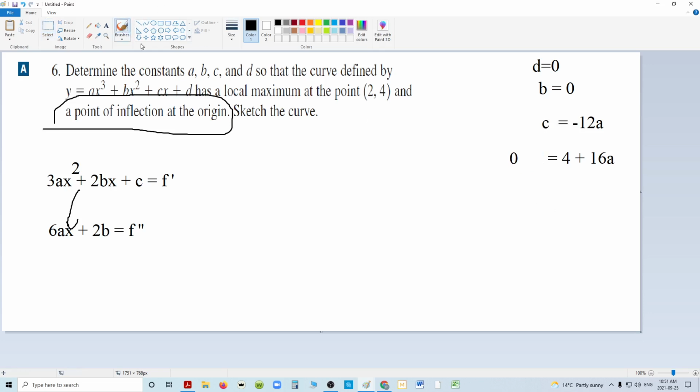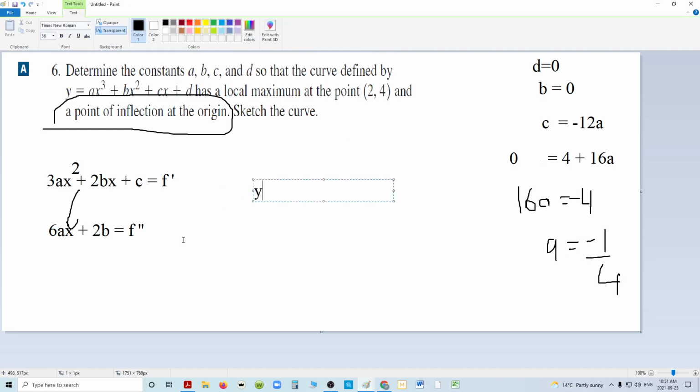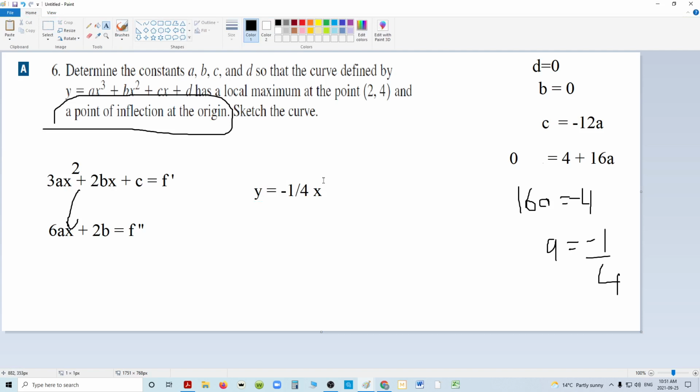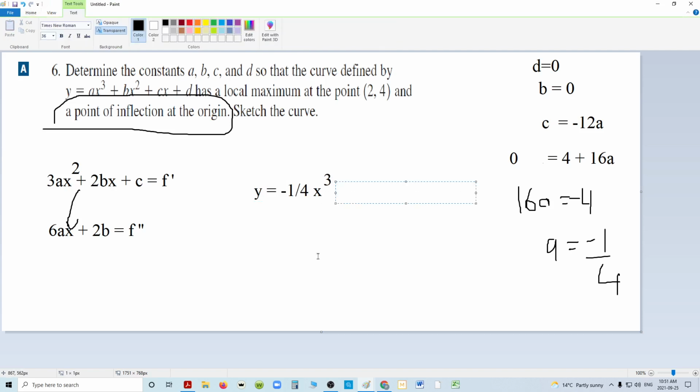So now we have two formulas, and we know the answer for this one is 0. So we can immediately figure out that 16a is equal to 4, minus 4. So a is equal to minus 4 over 16, which is minus 1/4. So we're left with a formula of y is equal to minus 1/4 x cubed. We've determined that b is 0, so 0. And we've determined c.